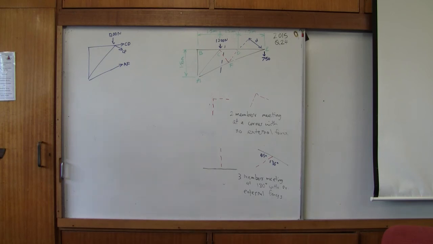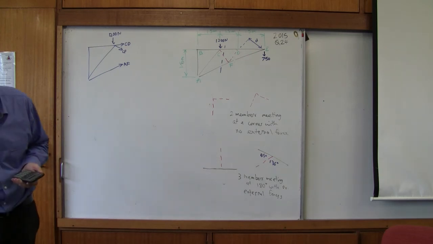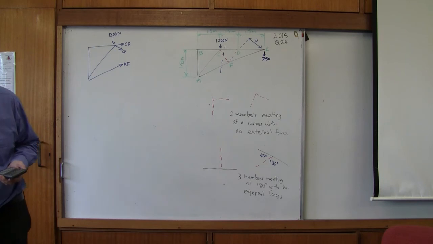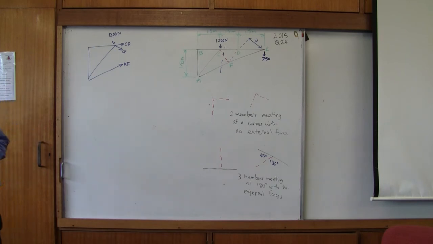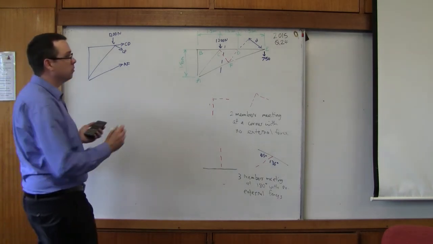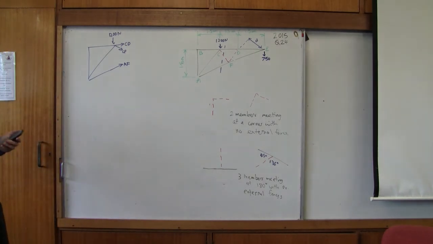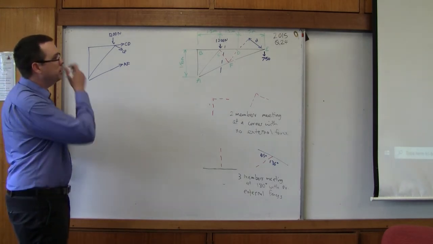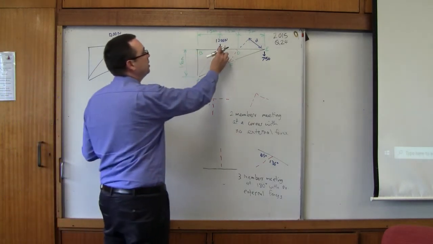If I want to work it out, I have to actually know which one's the pin and which one's the roller. So is the top one meant to be BD, or am I wrong? Is it the 2015? Yeah. Right. The top one is this section here.